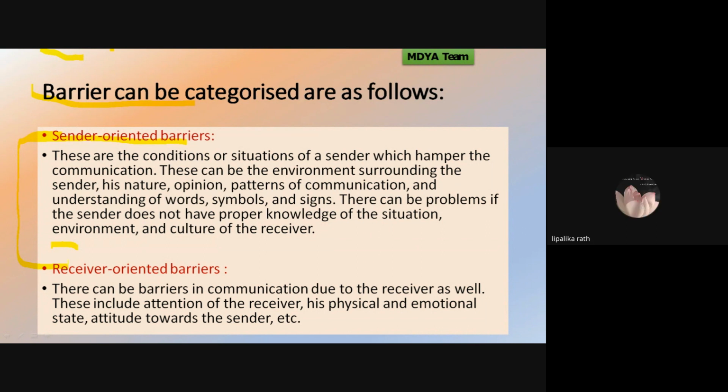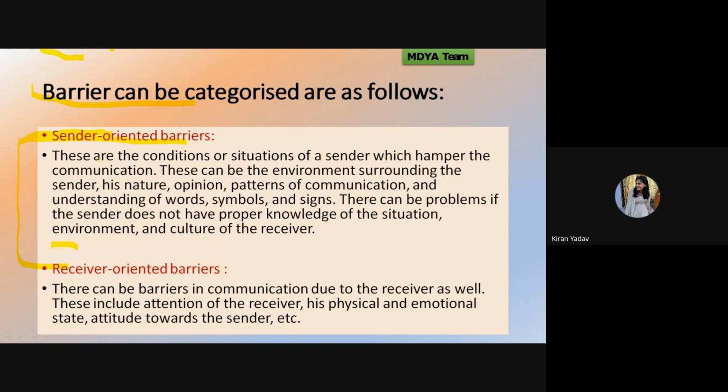Means the sender does not properly send the message or does not communicate properly what he or she intends. Okay. In simple words, the barriers which are from the sender side are sender oriented, and the barriers from the receiver side are receiver oriented barriers.